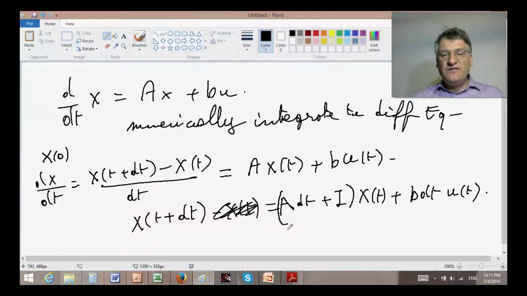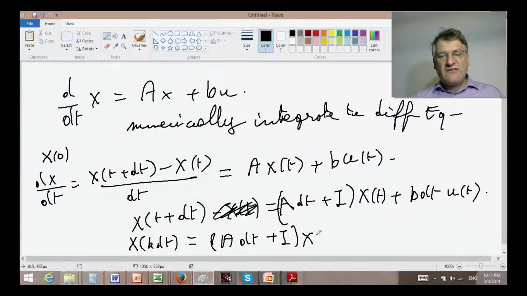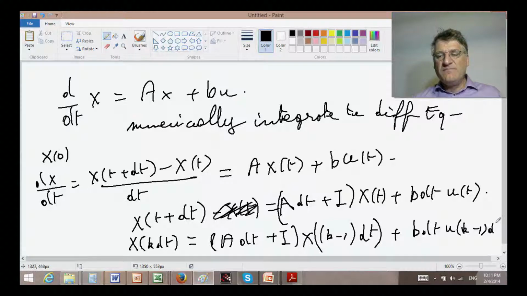Since this is true at any time dt, I can write the recursion that x of k times dt is equal to a times dt plus I, times x of k minus 1 dt, plus b times dt times u of k minus 1 dt.